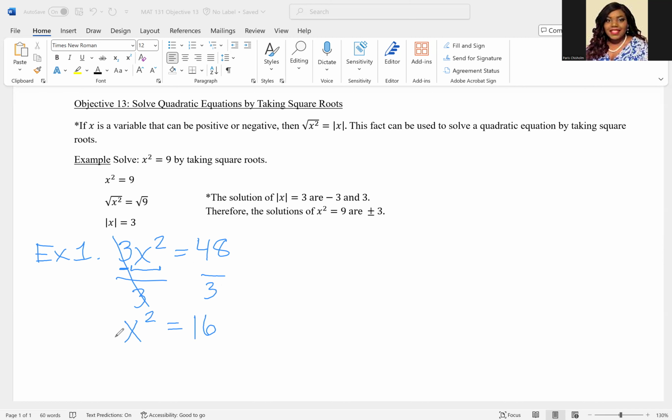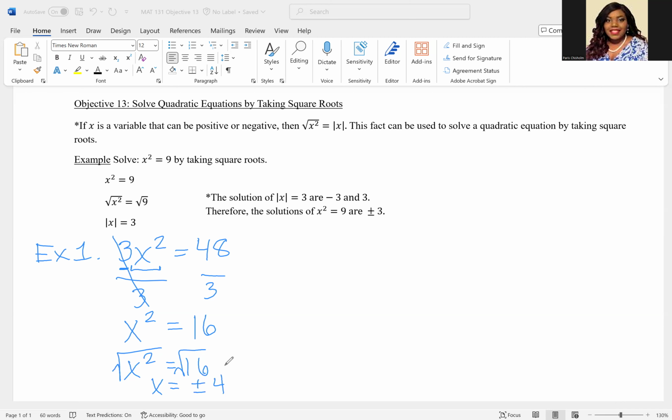Now that we have something squared, we can take the square root of both sides like that, okay? And so the square root of x squared, that is going to be x, and the square root of 16 is going to be plus and minus 4, okay? So it's not going to just be 4, all right?